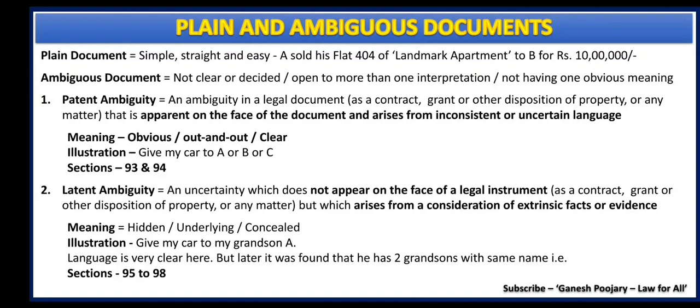But when you try to implement that particular document, you then realize that there are two grandsons with the same name, that is A. Here, the ambiguity is called latent ambiguity, and we are discussing latent ambiguity under sections 95 to 98. That means we have 4 sections which will be covered in one of my future videos.